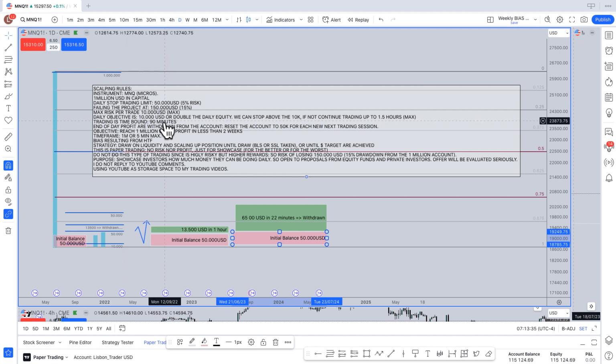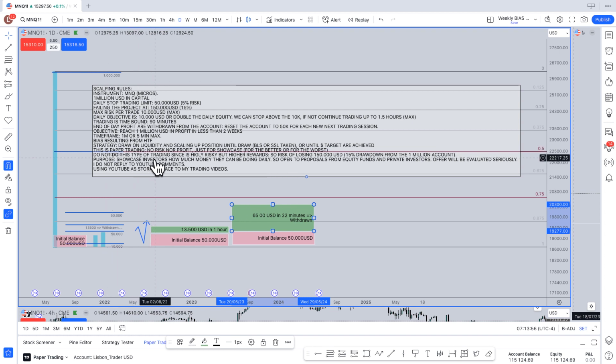Try not to surpass the 90 minutes. End of day profits are withdrawn, already explained, so we consider every day as a new day, 50k in balance, and we'll be seeing how it goes.